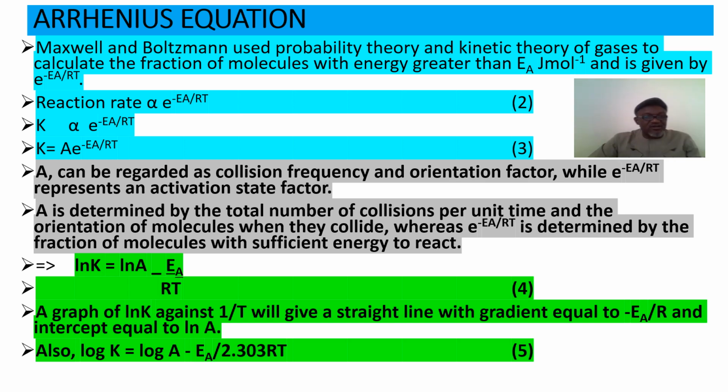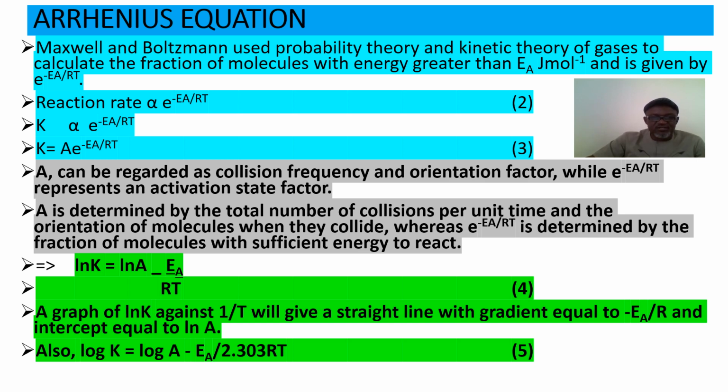That A, the constant, can be regarded as the collision frequency and the orientation factor, so it guides the orientation of collision of the molecules. While e to the power minus EA over RT represents the activation state factor, that is the number of molecules with energy more than EA. A is determined by the total number of collisions per unit time and the orientation of molecules when they collide, whereas e to the power minus EA over RT is determined by the fraction of molecules with sufficient energy to react.